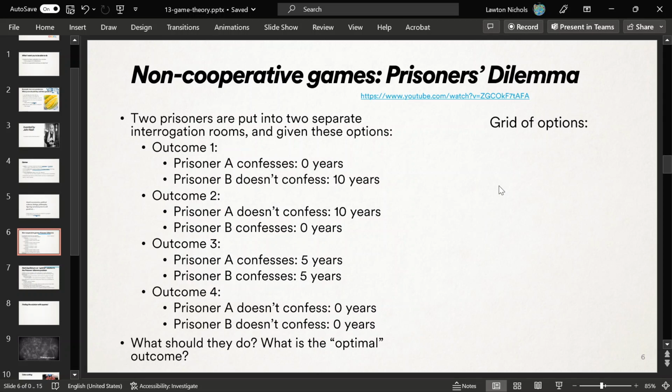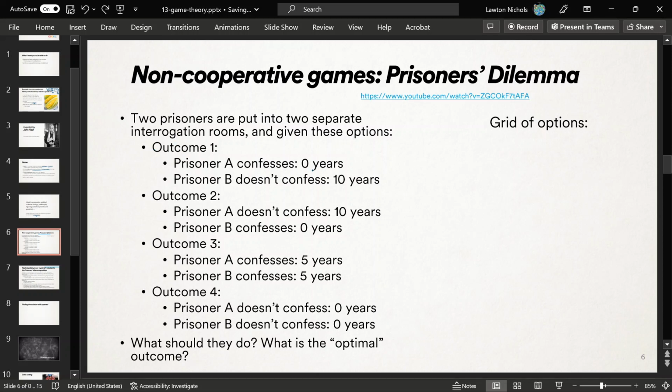I guess there's no real evidence against them, but if they confess, they're of course going to go to jail. And so here are the 4 options, because person A, the first prisoner, could either confess or not confess, and prisoner B, the other person in the other room, could also confess or not confess. And here are the outcomes they're told what will happen depending on who confesses and who does not. So we can make a grid of this.